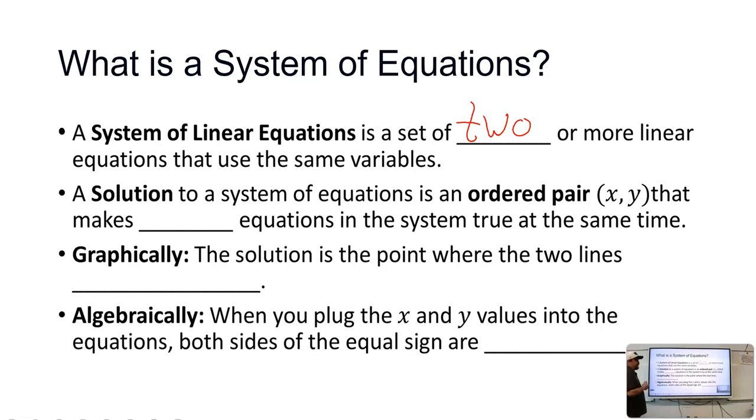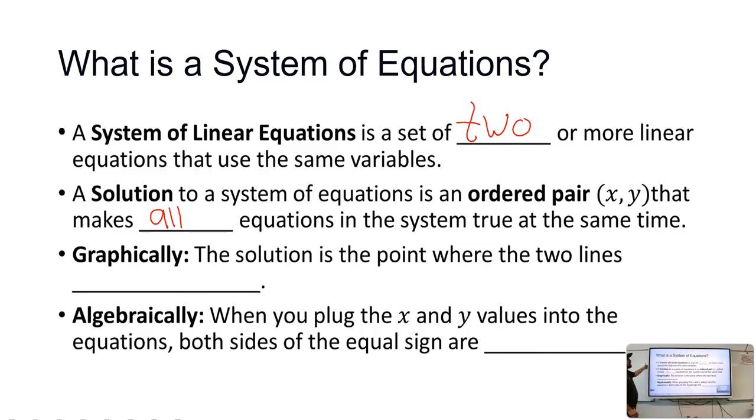A solution to a system of equations is an ordered pair that makes all equations in the system true at the same time. Okay, so basically we're finding an x and a y that we can plug in to all the equations, and all the equations would be correct using the same coordinate, or ordered pair.